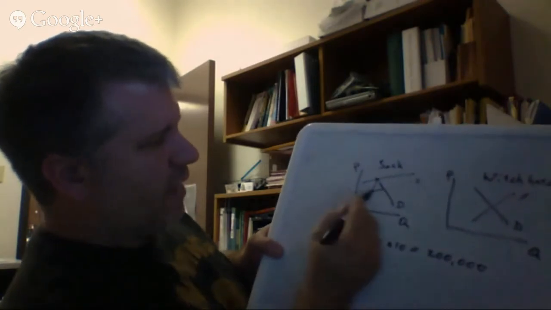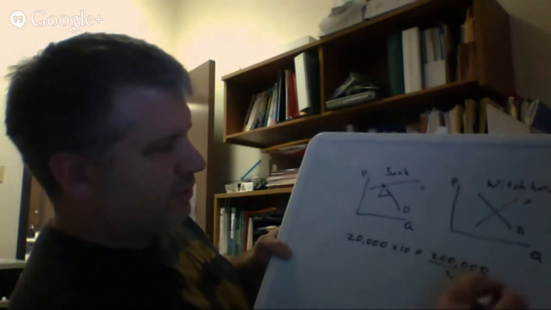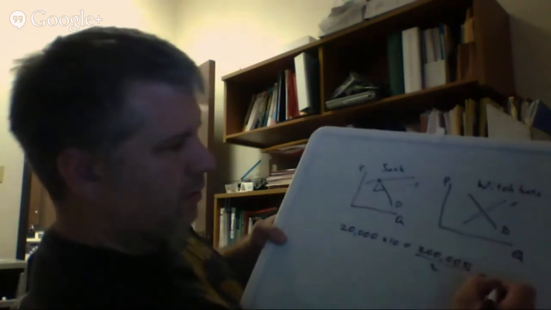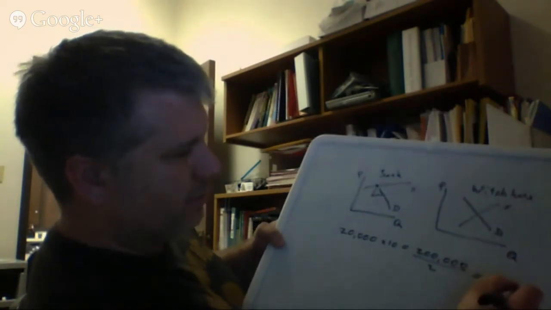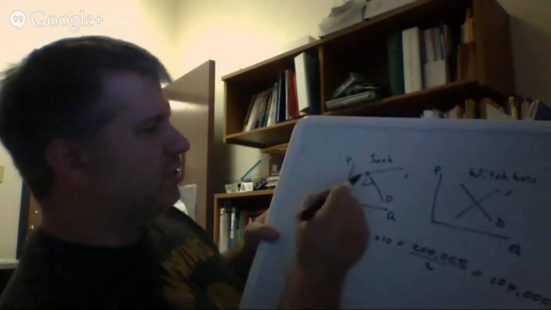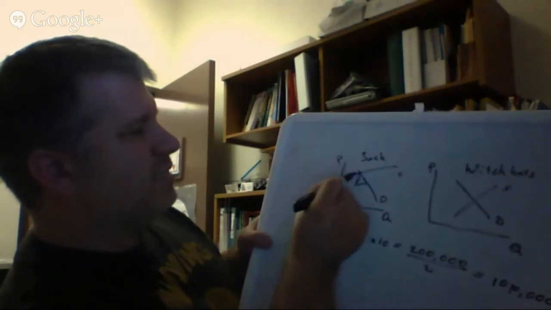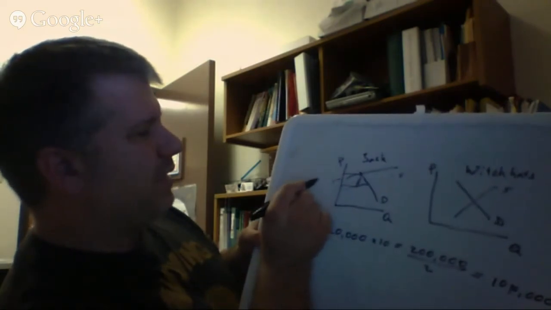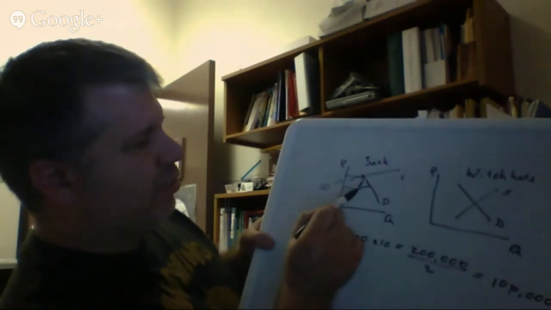And then to calculate the area of a triangle, we divide by 2, which is $100,000 in deadweight loss, right? So we're just calculating this triangle, and what we do is we know the tax, so we know the distance on the price is equal to 10, and then we need to calculate the change in the quantities.